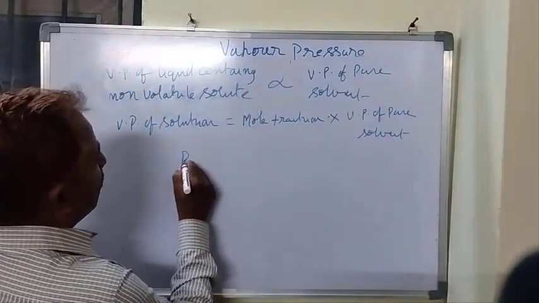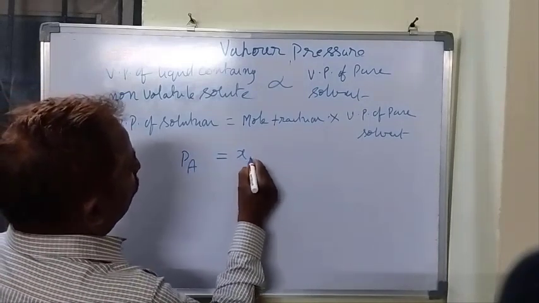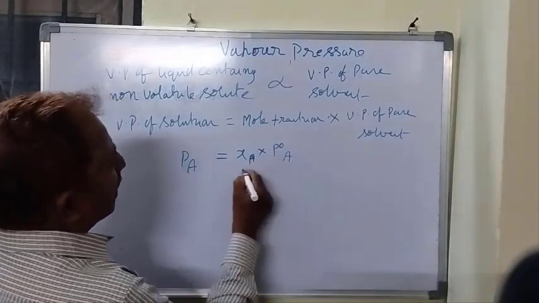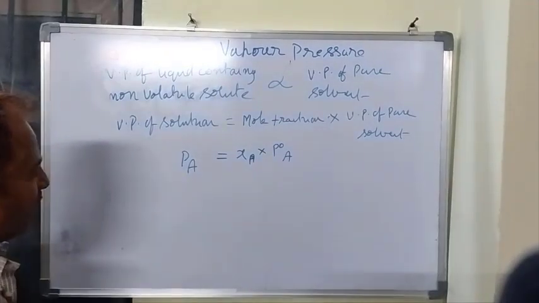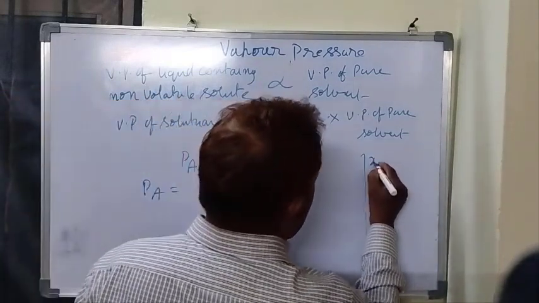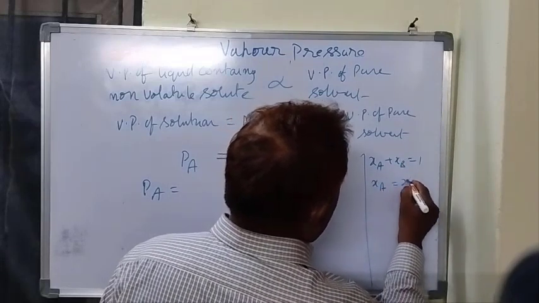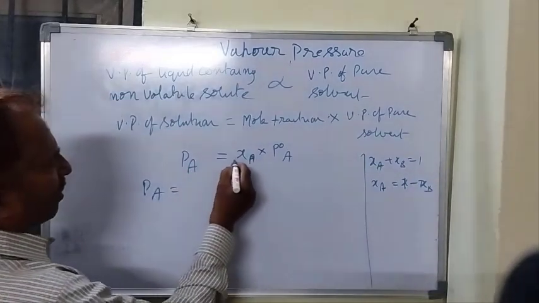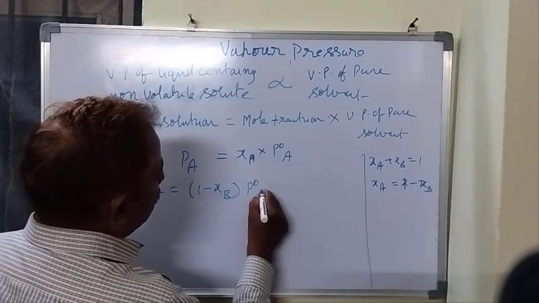So PA is equal to XA into P0A. XA is the mole fraction, P0A is the vapor pressure of pure solvent. Now, previously we discussed XA plus XB is equal to 1, so XA equals 1 minus XB. In place of XA, we can put 1 minus XB into P0A.